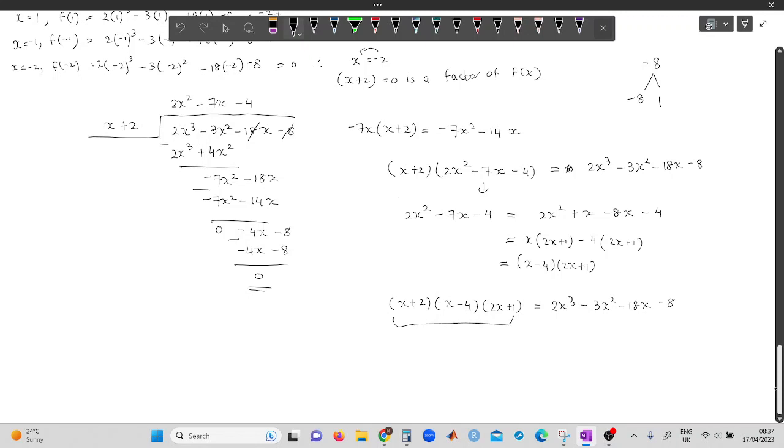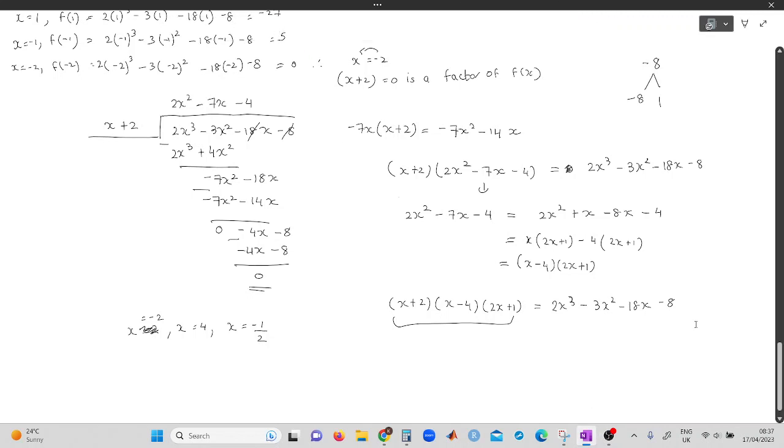Jusque ici, donc tu peux dire x equals to 2, x equals to 4, x equals to minus 2, pardon, x equals to 4, et puis x equals to minus half. These would have been the three values. X equals to minus 2, minus half, and 4. Voilà. Okay? So, I hope it's clear.